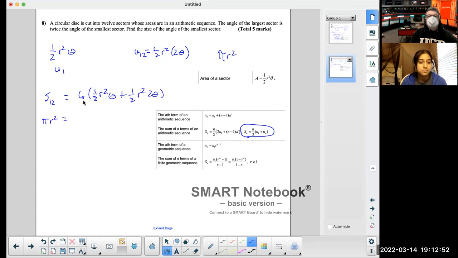Okay, so we can factor out a 1/2 r squared. Would you agree? Yeah. So that would be 6 times 1/2 r squared times theta plus 2 theta, right?